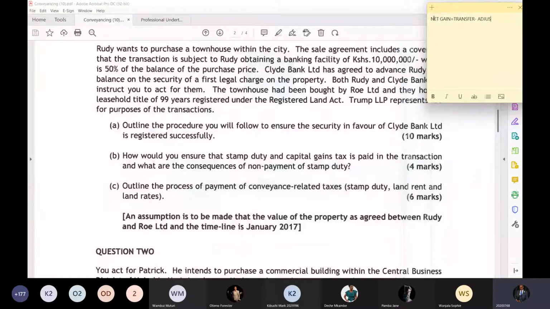In simple terms, what they mean is, let's say you bought this property. Raw Limited is selling the property at 20 million.